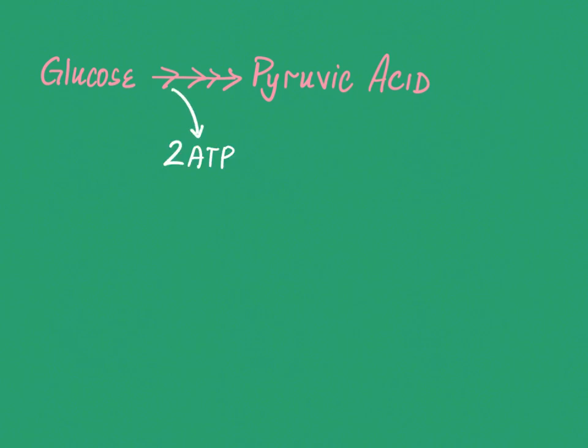Cellular respiration begins with the breakdown of glucose after a series of reactions to make pyruvic acid. During this process, 2 molecules of ATP are made. This process is called glycolysis, from glucose to pyruvic acid.